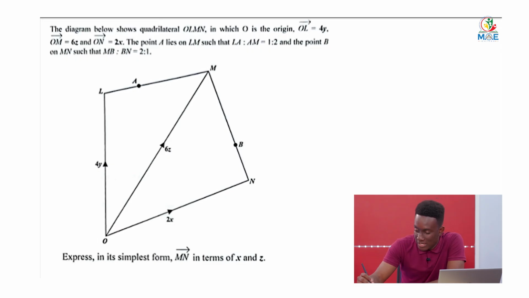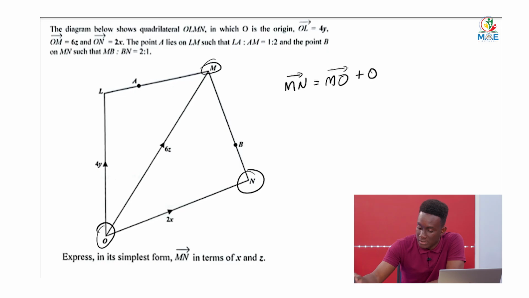To get the vector MN, we can move from M to O, and then we can go from O to N, so plus ON.